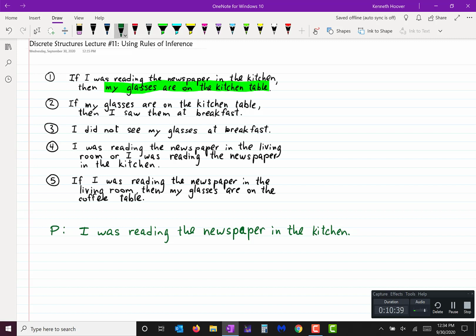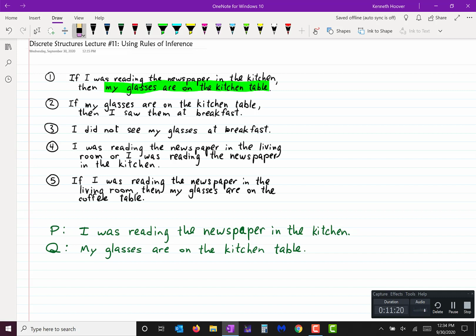Let's write that down and call it Q. And the first fact that I have written up above is a combination of P and Q, right? In fact, how would you write that up there? You would write P implies Q, right? Isn't that what fact number 1 says?